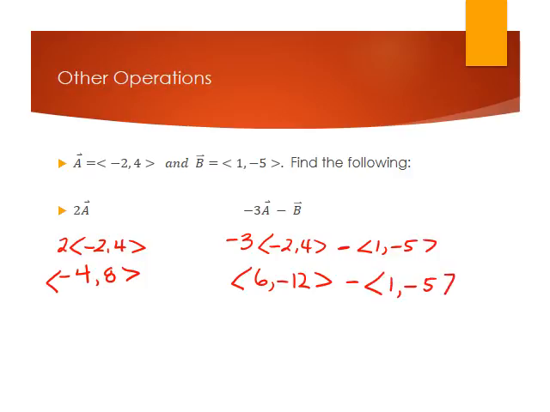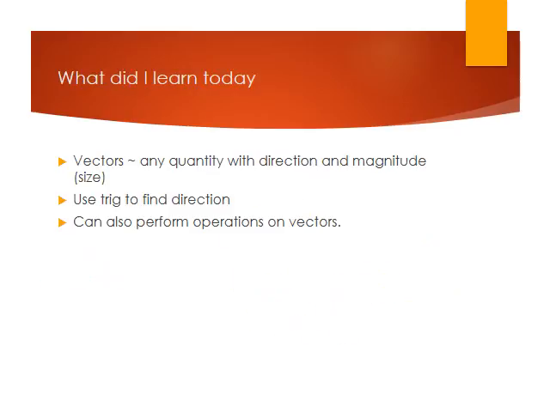So 6 minus 1 is 5, and -12 minus a -5 becomes -12 plus 5, or -7. So just some simple arithmetic basically to do operations with our vectors.